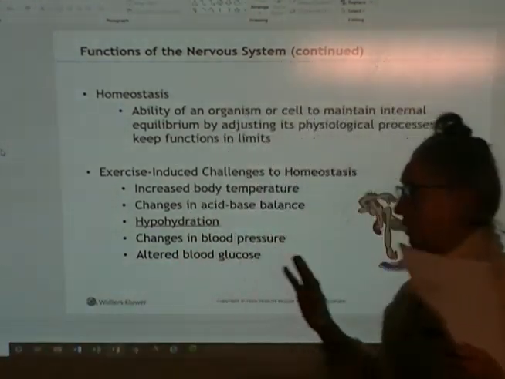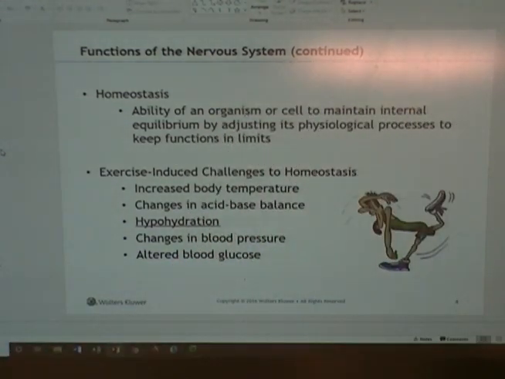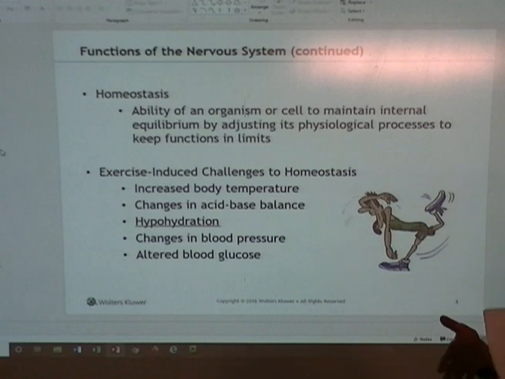We've already talked a little bit when we were doing the energy systems about the fact that when we are making ATP, depending on which system we're using, we may be producing acids and changing the environment within the muscle cell. That has to be brought back to balance, right?